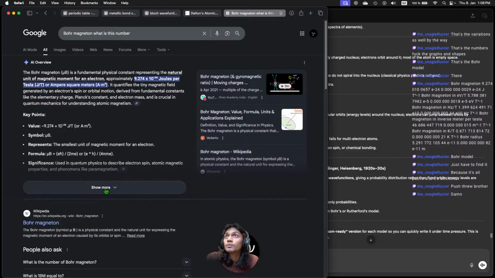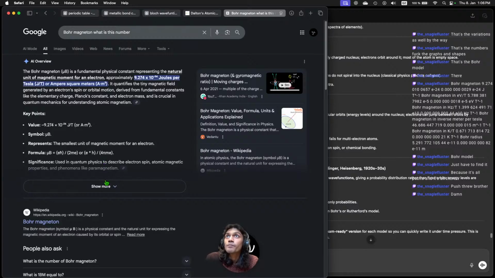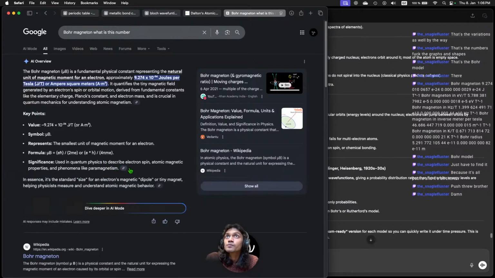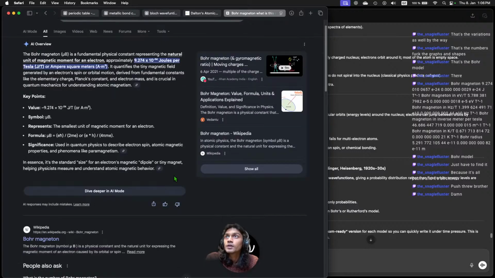Every atom, every electron in the atom. Interesting.